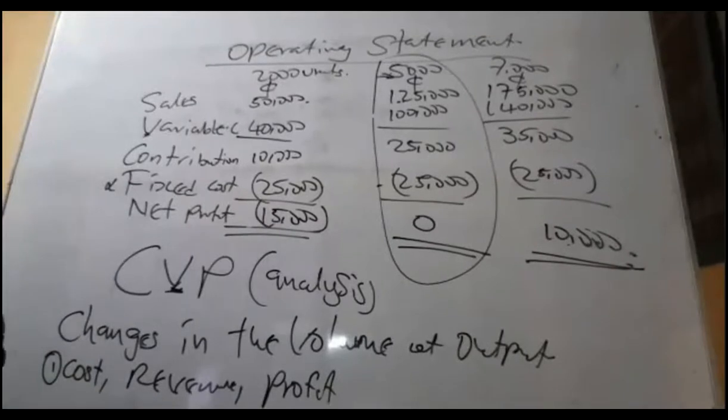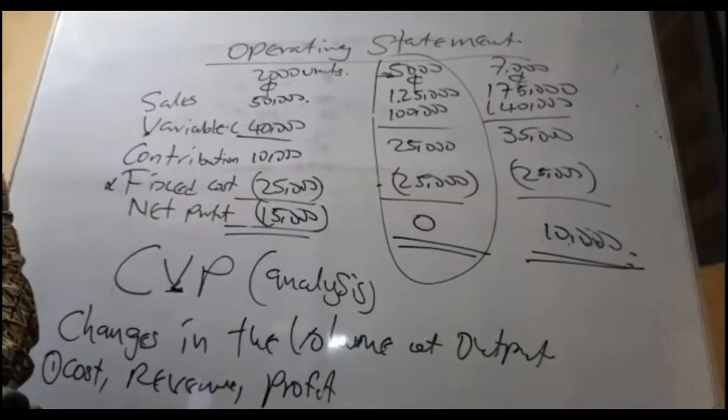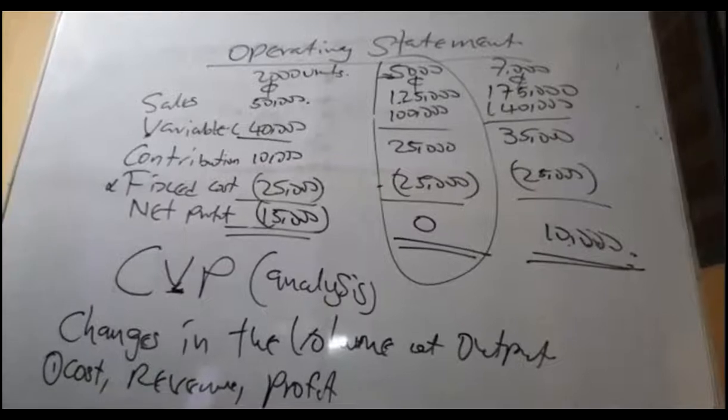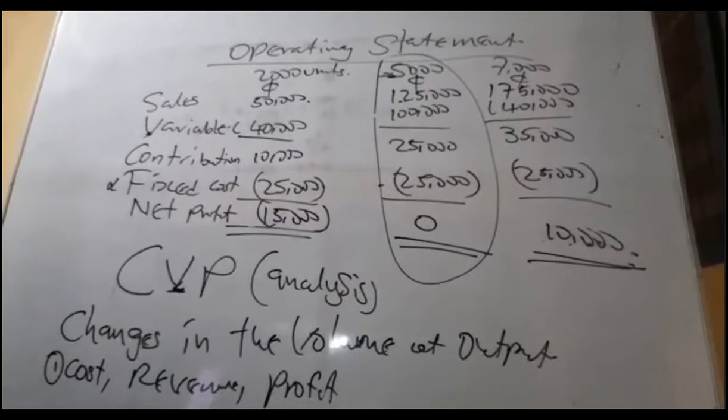Let's look at the assumptions. Assumption number one. It assumes that production is equal to sales, and therefore the company keeps no inventory or little. So no closing inventory. That's the first assumption. Or you can arrange it anyhow you like, and make sure that you get at least 5 assumptions.